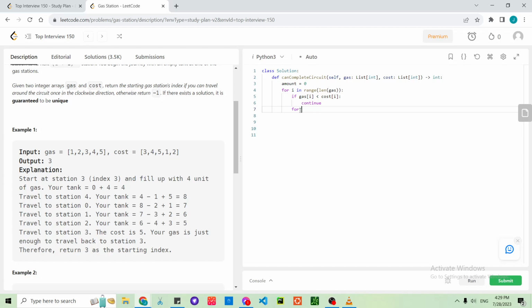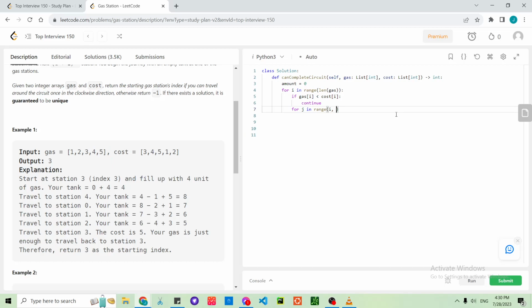Okay, for j in range, it wants to start from i, but actually go all the way to this.